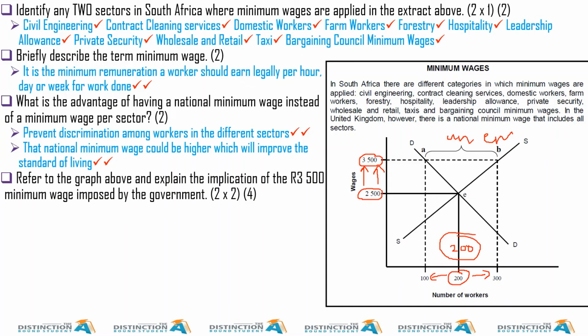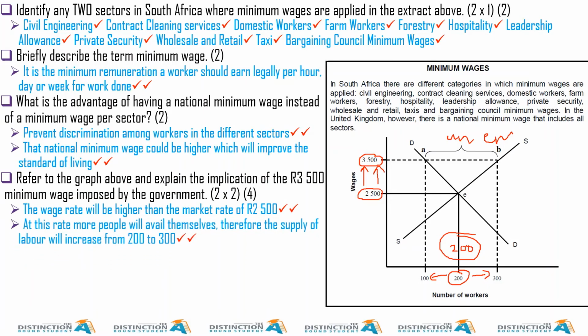But the implementation of the minimum wage means that now supply is going to be 300 and demand 100. So there's a discrepancy here of 200. So that's what you basically have to say.